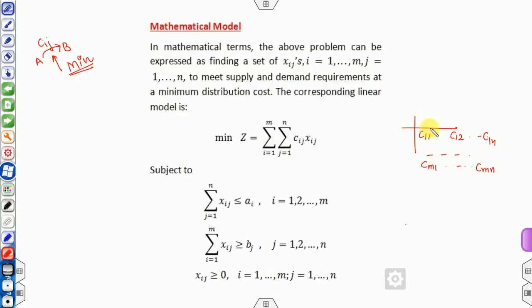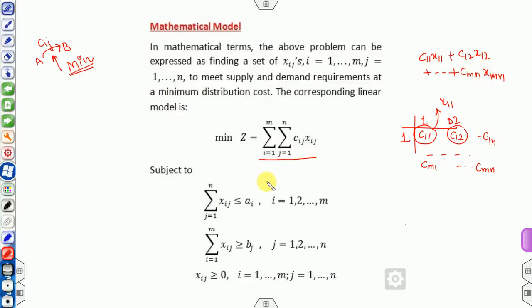When you transfer X11 products from source 1 to destination 1, the cost will be C11 X11, so the total cost will be C11 X11. Similarly, the cost for transfer from source 1 to destination 2 is C12, and I assume the number of products is X12, so the total cost will be this plus this, and so on up to the last one, Cmn Xmn.